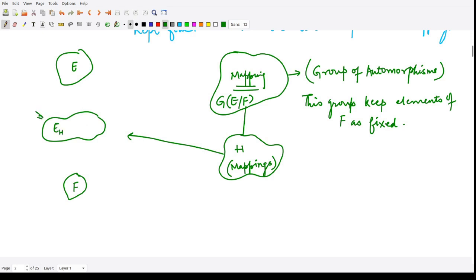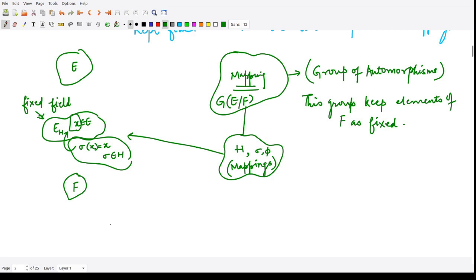This is the fixed field, and it lies between E and F such that whenever you take some element x of E, then the mapping taken from here, you call this by sigma or by phi, whichever name you would like, sigma of x would be kept as x only, for sigma belonging to H. So that is what it means to be an element of this. So the collection of all such elements is known as the fixed field.